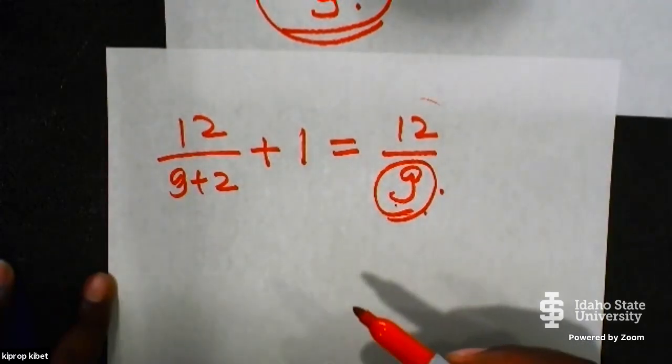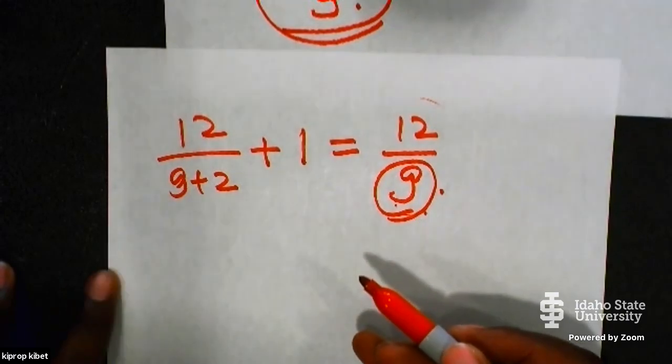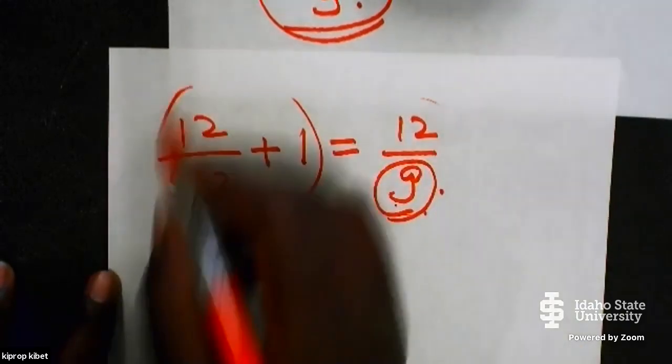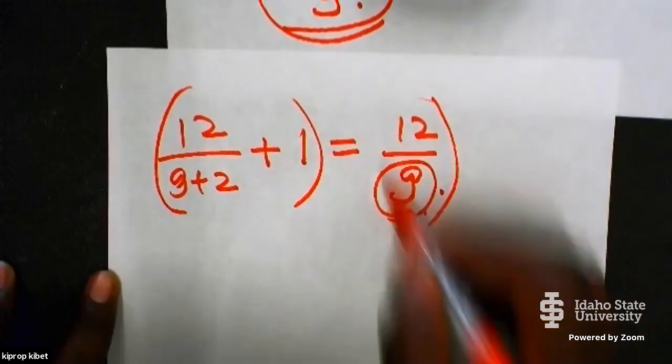So we multiply by the greatest common factor there. What is our greatest common factor?